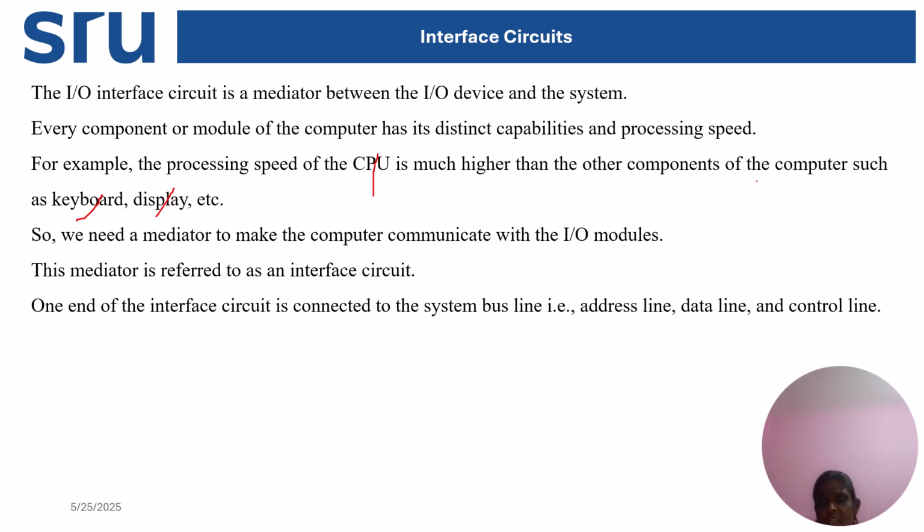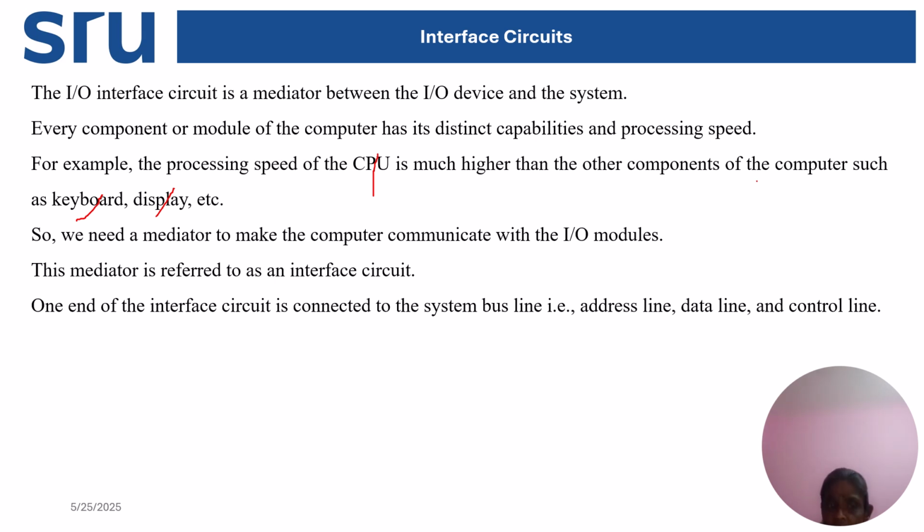This mediator is referred to as the interface circuit. So the interface will adapt to whatever data comes in and whatever data the output device needs. The same format it is able to provide. That is why we are using interface circuits to match the properties of the processor and other I/O devices.